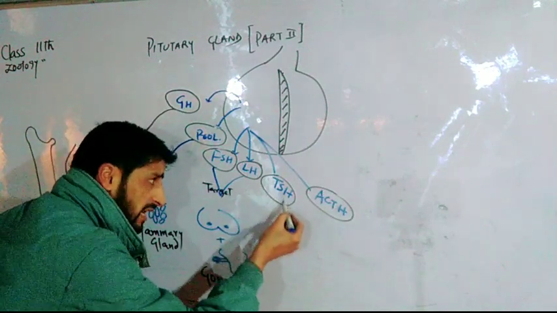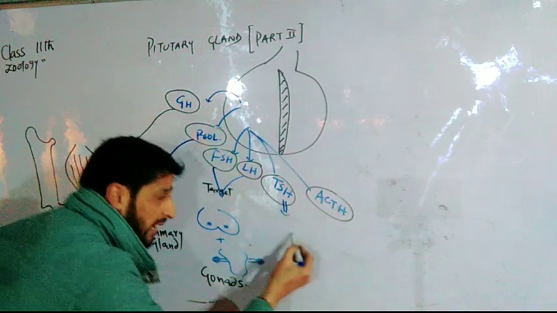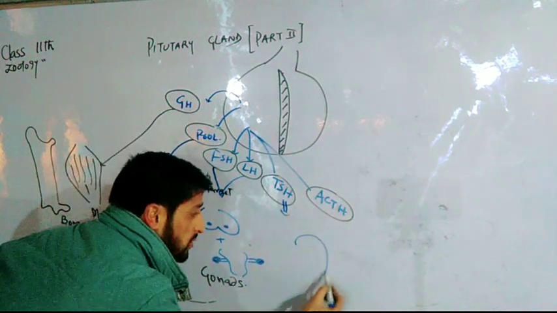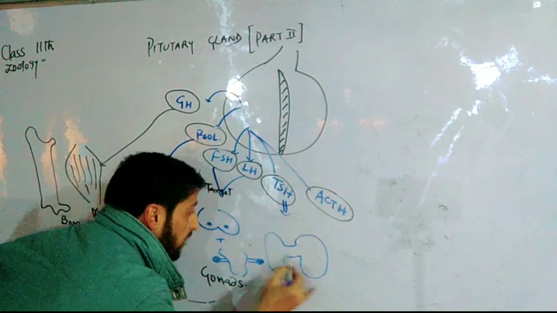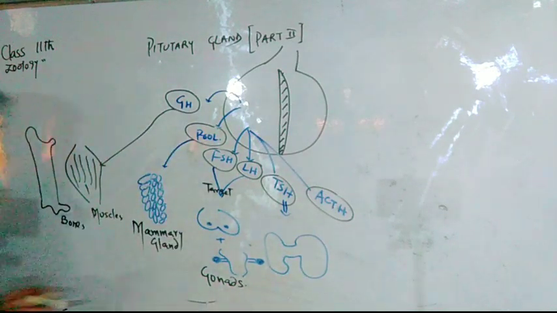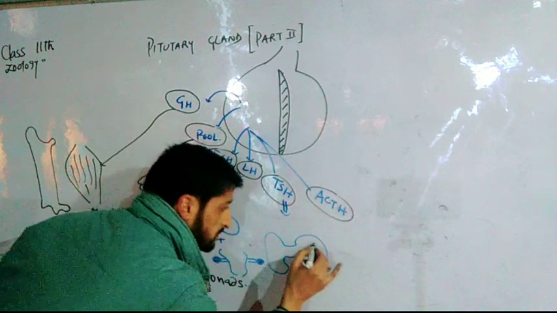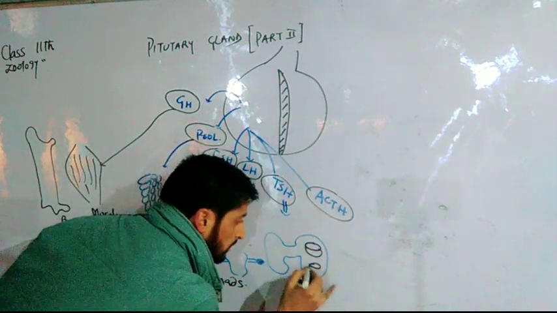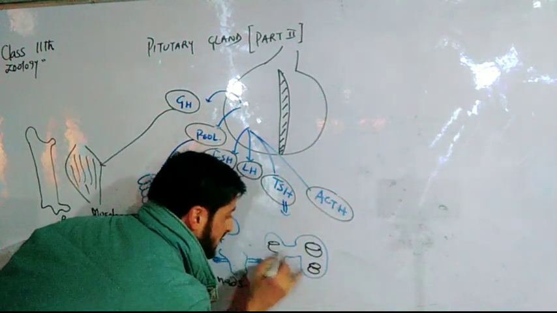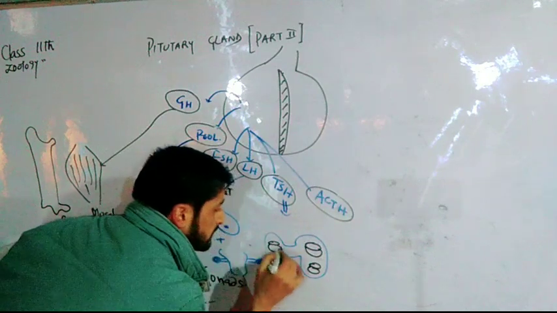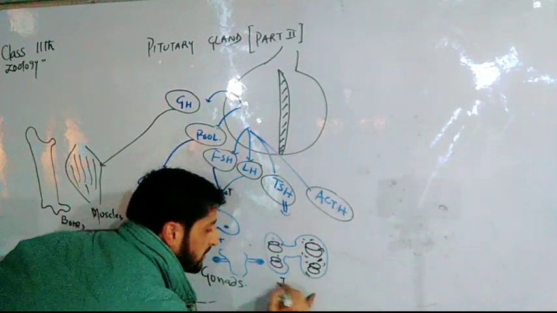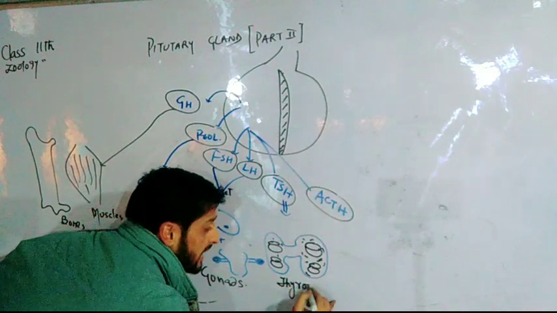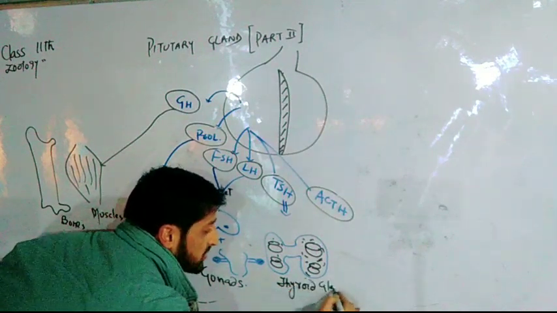Thyroid stimulating hormone has a target organ that, as the name indicates, is the thyroid gland. You have studied thyroid gland in your offline batch.